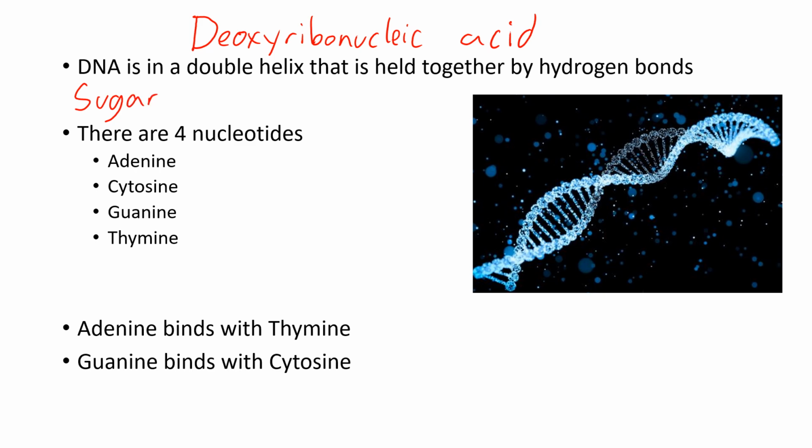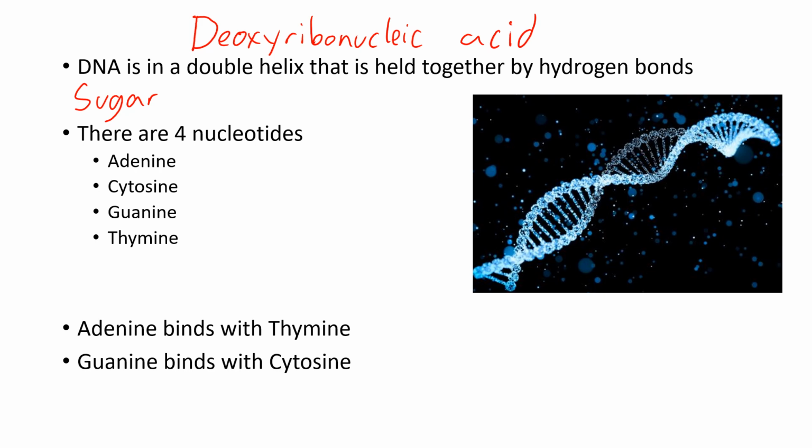Now, it's not the type of sugar that you're used to. In chemistry, sugars are things that end with ose. So you may have heard of glucose, fructose, sucrose, maltose. Anything that ends with ose in chemistry is a sugar.